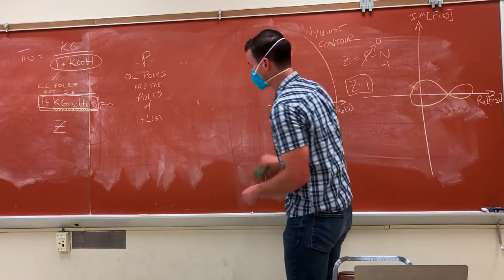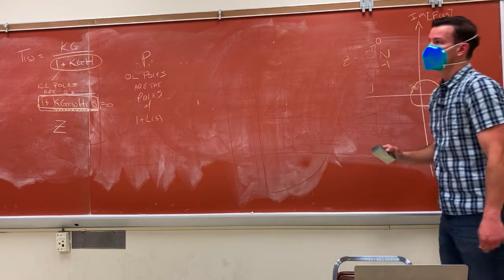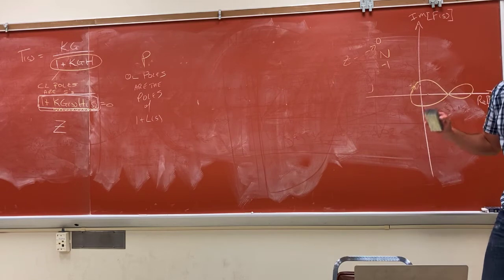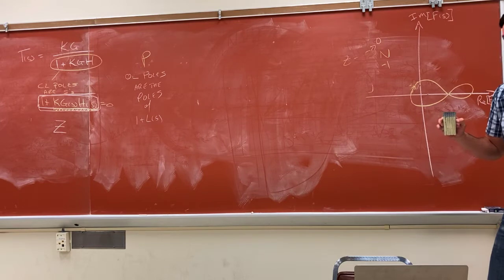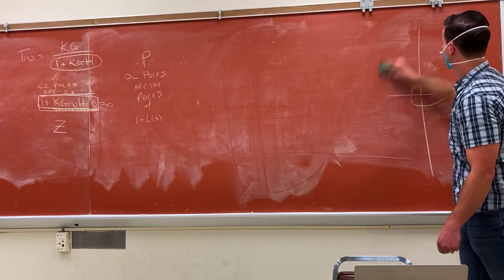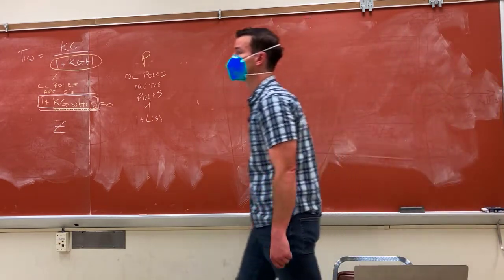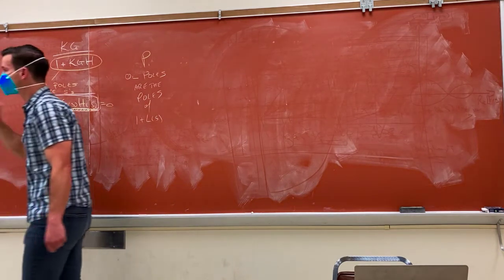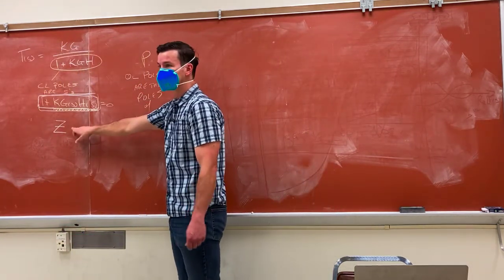Now here is the last leap I'd like you to make. If L encircles the origin n times, what can I say about 1 plus L? I actually think this is the exact reverse. I care about the number of encirclements at the origin of 1 plus L, because that's what my P and my Z relate to.